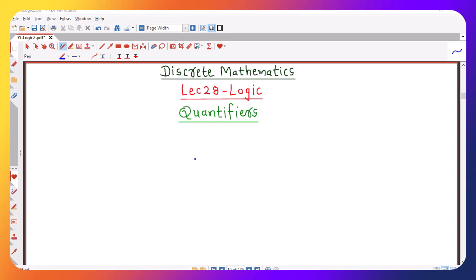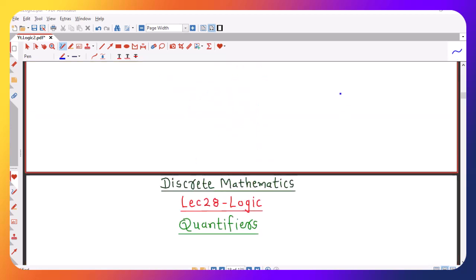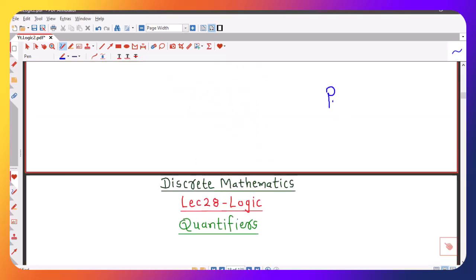We have taken an introduction of predicates in previous two lectures. Now we are familiar with predicates as well as statement functions. We know that a predicate is nothing but an expression which describes the property of some objects, or it is a common feature.